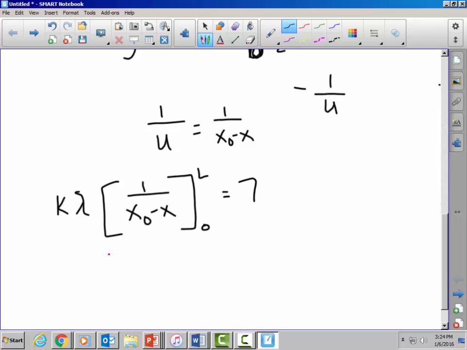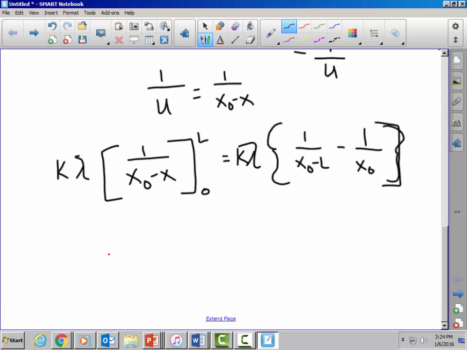So we do that. We have k lambda, and then we're going to have our answer for the first part, which is 1 over x naught minus L minus 1 over x naught. Okay, so now we can just find a common denominator between these two fractions so that you can actually add them together.